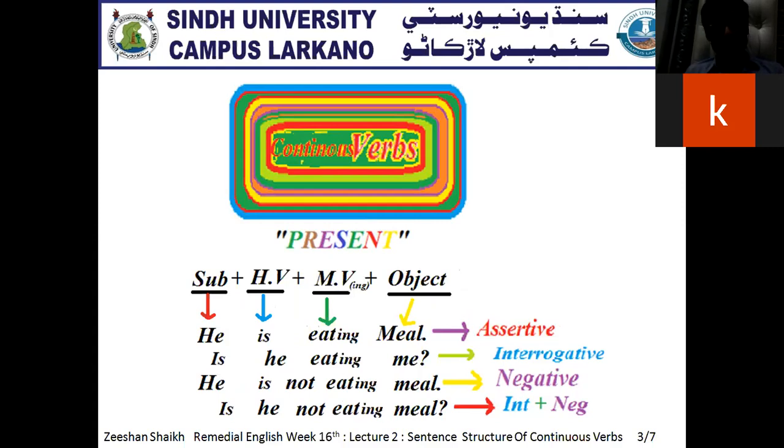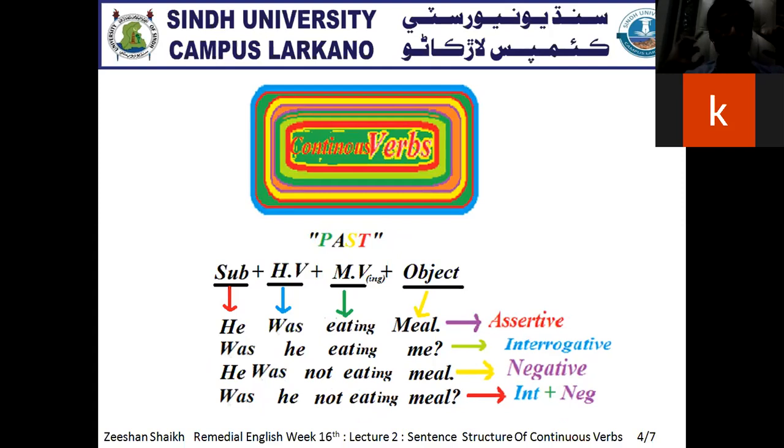But in the past continuous, we have two helping verbs, which are was and were. Was and were are the two basic helping verbs used within the past continuous. Clear? All the things are the same, but we have to give the helping verb was in the place of is. So let me tell you.